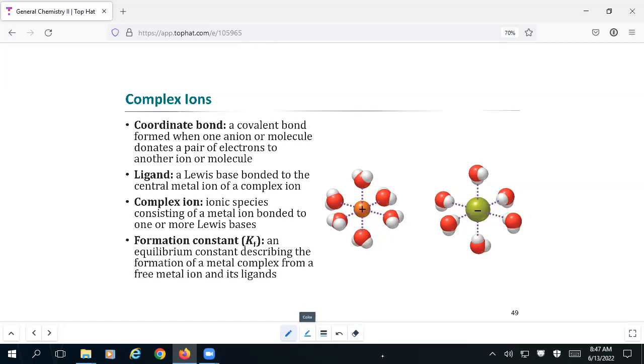And the thing that is attaching to the metal ion, we call that a ligand. Now, we don't got to get too deep into all of that. That's more of an inorganic chemistry kind of conversation. But basically, we can break down complexes into their metal ions and the ligands that attach to those metal ions.